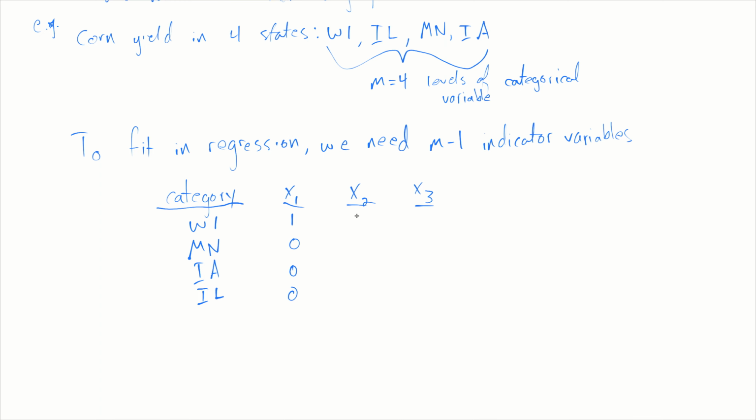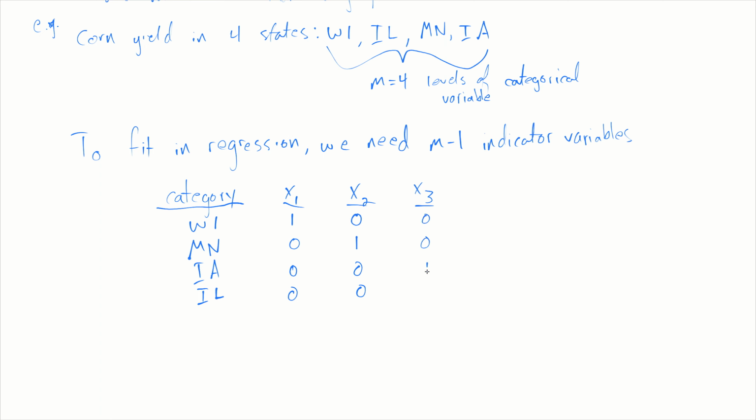So for x2, we'll set that 0 for Wisconsin, 1 for Minnesota, 0 for Iowa, and 0 for Illinois. Now you know that if x1 is 1 and x2 is 0, that's Wisconsin. If x1 is 0 and x2 is 1, that's Minnesota. But for Iowa and Illinois, those aren't distinguishable yet. So we need one more explanatory variable.